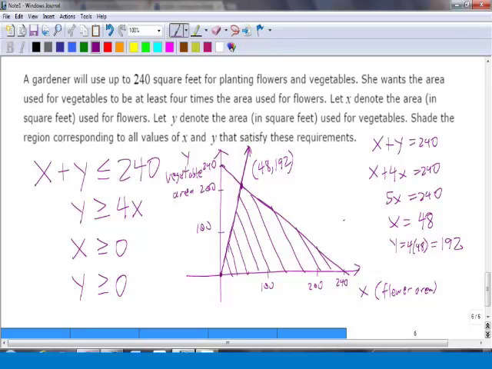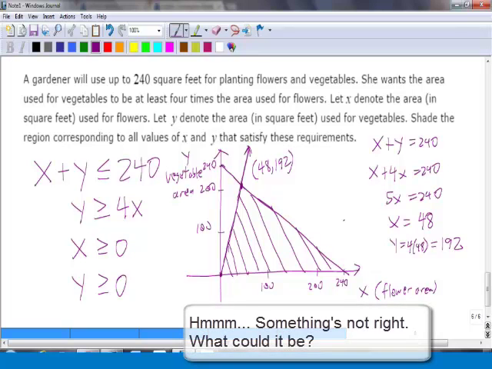And the area of the vegetables will be at least 4 times as great as the area for the flowers. That's not right. No.